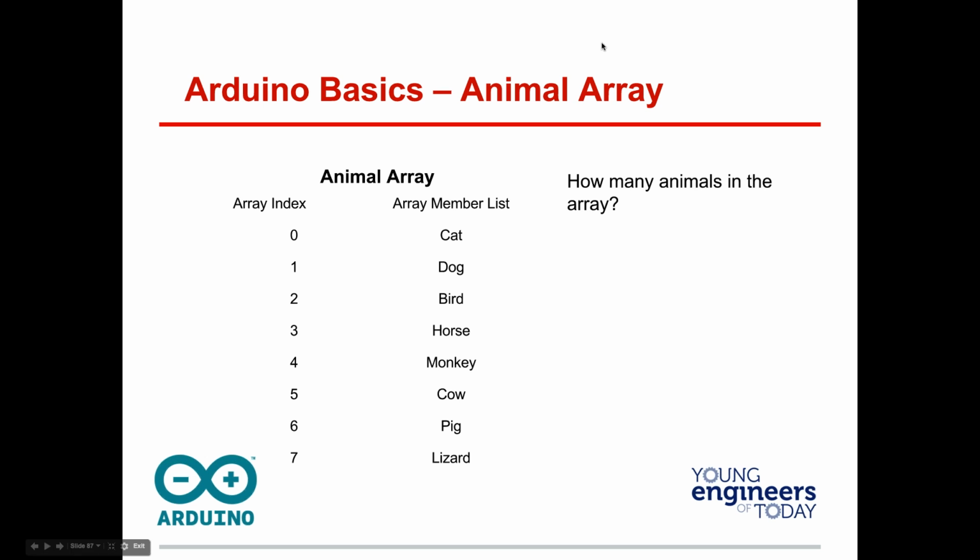Animal index of 1 is the dog. See how I have it right there? So let's see, how many animals in this array? Well, I see 7, huh? No, start with that 0. 0, 1, 2, 3, 4, 5, 6, 7, 8. I really should know how to count. I knew the answer to that. So what is animal 3? Everybody looking at this, tell me animal index 3. What animal is that?